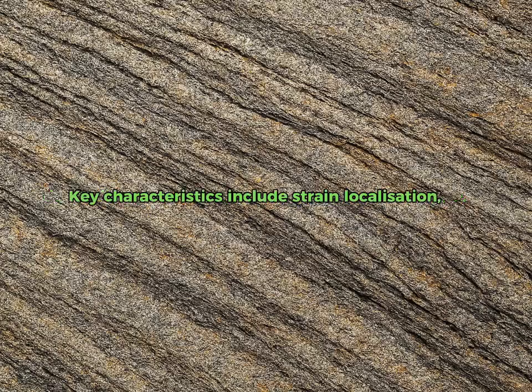Key characteristics include strain localization, foliation development, mineral alignment, and in many cases the presence of mylonites or ultramylonites in high-strain zones. Shear zones can vary in thickness from a few millimeters to several kilometers.